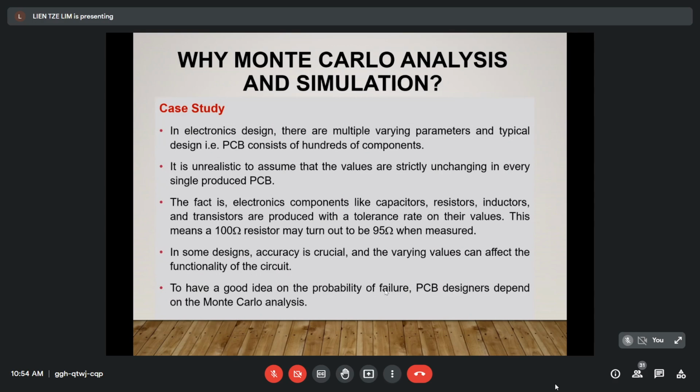So we can do the analysis using Monte Carlo analysis and simulations to predict the probability of failure. In reality, we do not know how many electronic components will fail and how many have defects. Theoretically, or in studies, we can use this Monte Carlo analysis to predict the number of components that have defects or can fail.